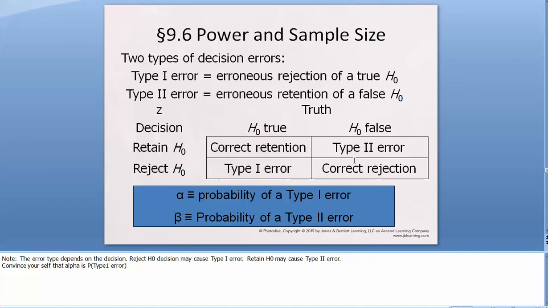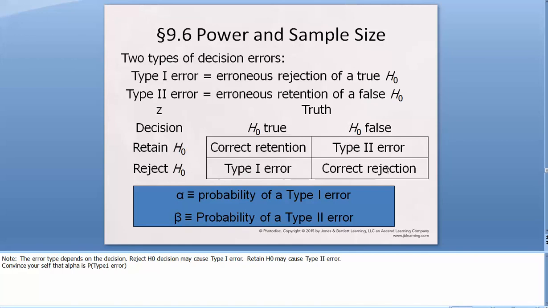Then the type 2 error probability is called beta. Now beta we cannot set up because it depends on the actual value of the mean, which we do not know. If HA is true, that means mu is more than 170 in that example. But we do not know, is it 180, is it 190?